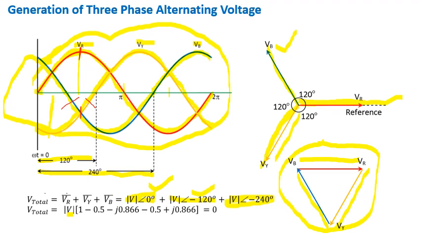When we convert them into rectangular form, meaning A plus jB form, it gives us these values: 1, minus 0.5 minus j0.866, minus 0.5 plus j0.866. So when we add them together, the result is 0.